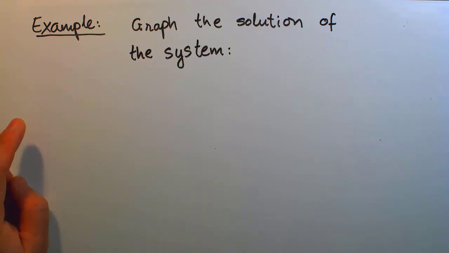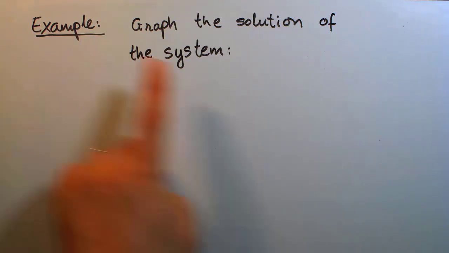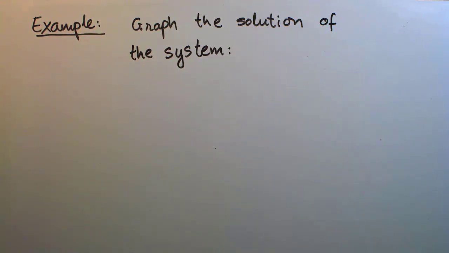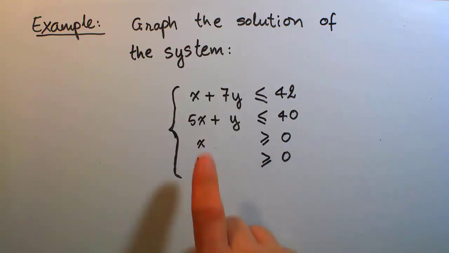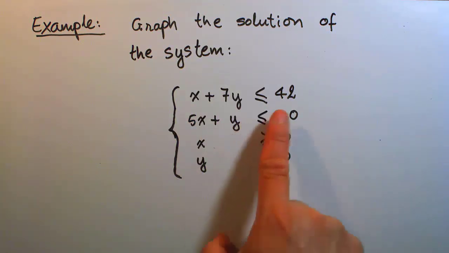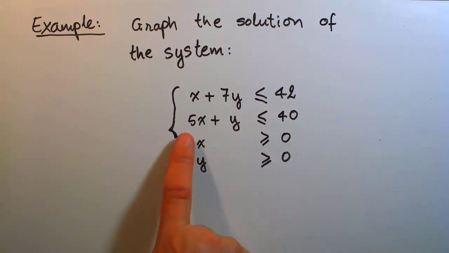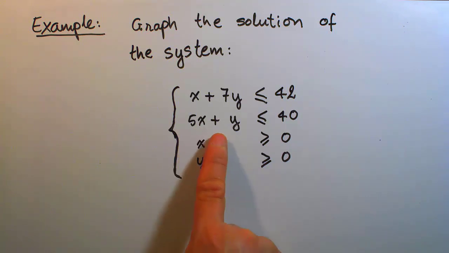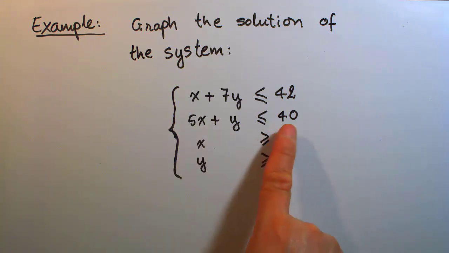So as an example, let's graph the solution of the system x plus 7y less than or equal to 42. And in the same system, we have a different inequality, 5x plus y less than or equal to 40.